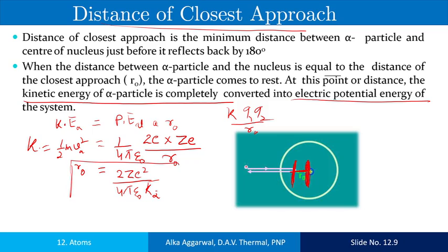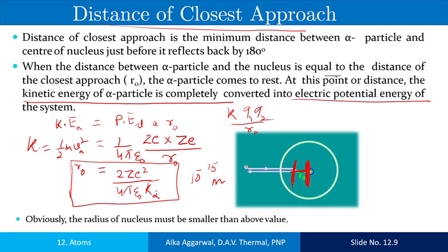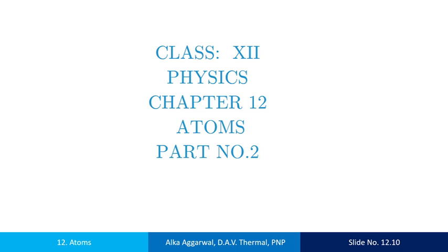On this basis, the distance of the closest approach is found to be of the order of 10 to the power minus 15 meter, which is approximately equal to the size of the nucleus. Obviously, the radius of the nucleus must be smaller than the above value. Thank you and have a nice day.